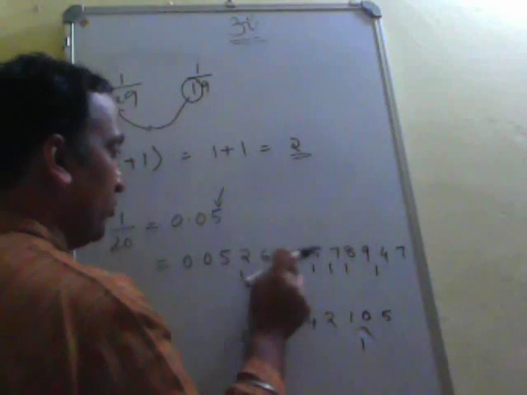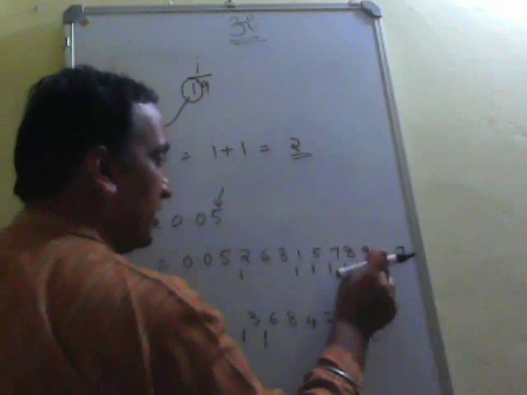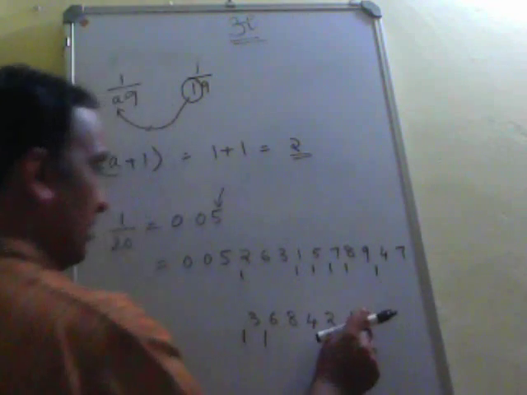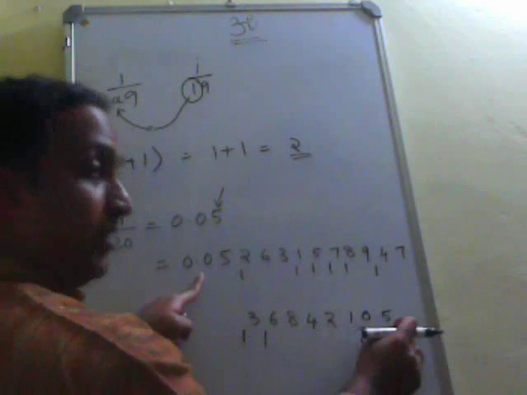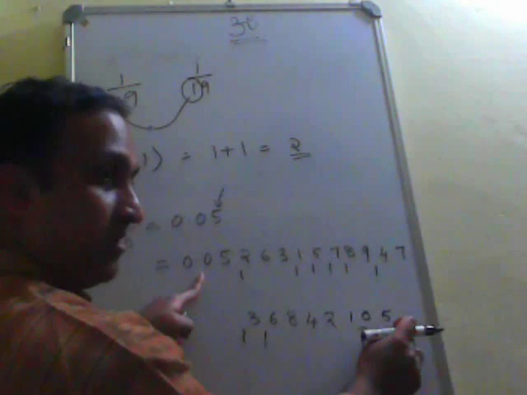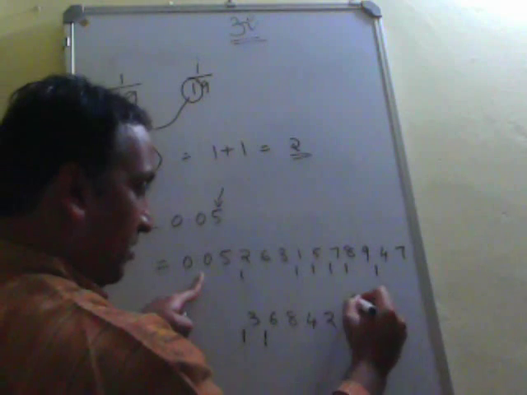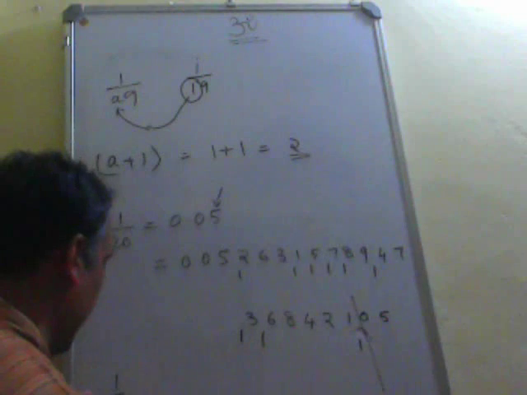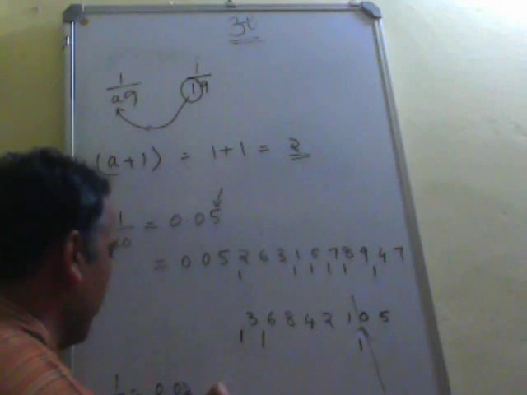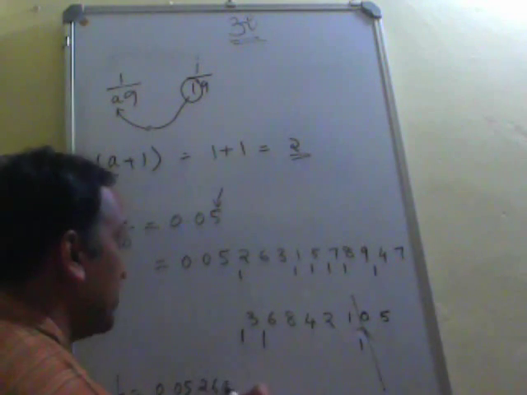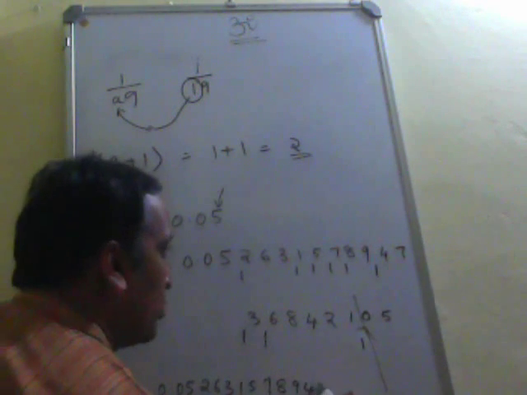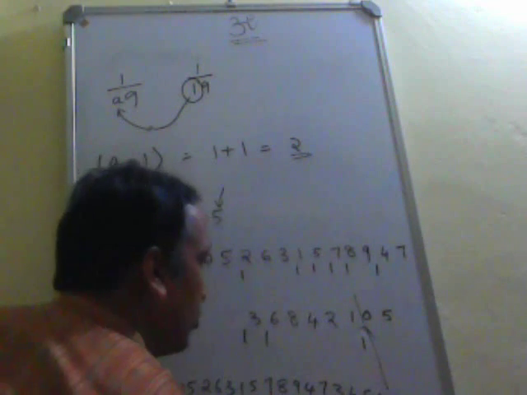Now how many digits? 1, 2, 3, up to 18. After this it is repeating 0, 5. So your number 1 by 19 is equal to 0.052631578947368421.